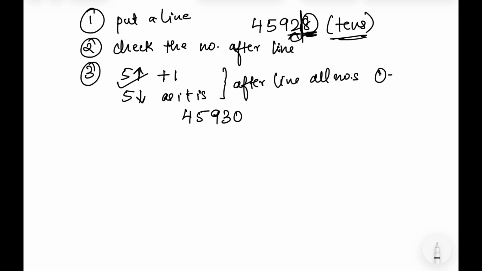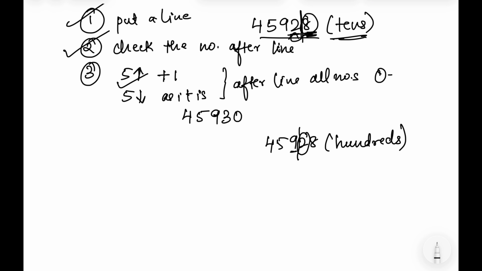Now let's take one more example. The same number, but now we round off up to the nearest hundreds. Which is the hundreds place value? This, right? So we put a line after hundreds. The first step is done. Then we check the number after the line.